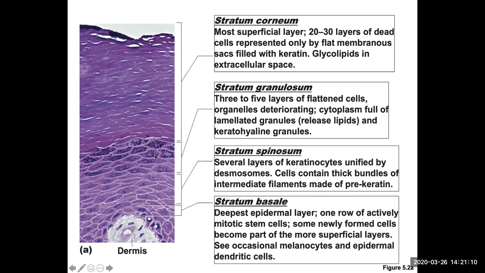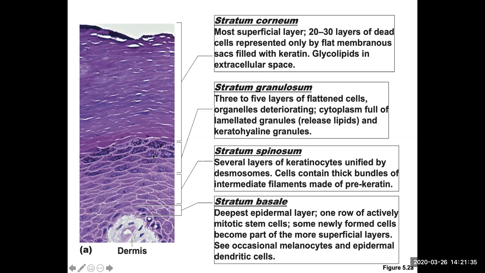The cytoplasm is full of lipid granules and keratohyalin granules, which is sort of like keratin granules in there. So that's why it looks grainy. You see all these little dots in there, and that's why it's called the granulosum, like granules, okay?